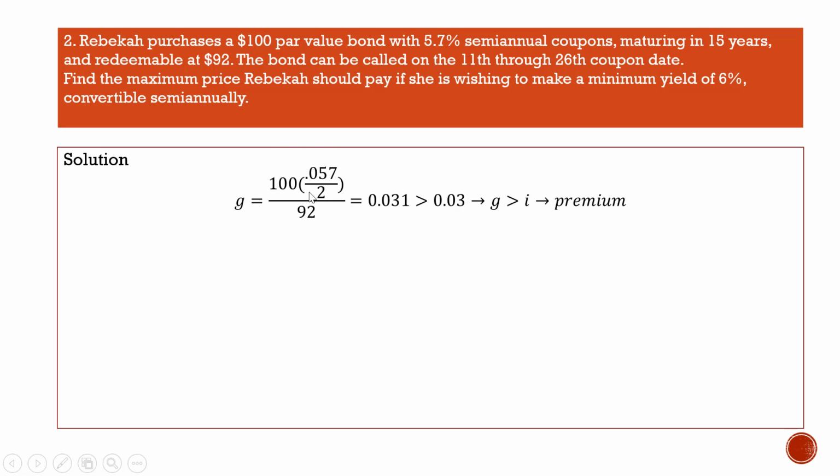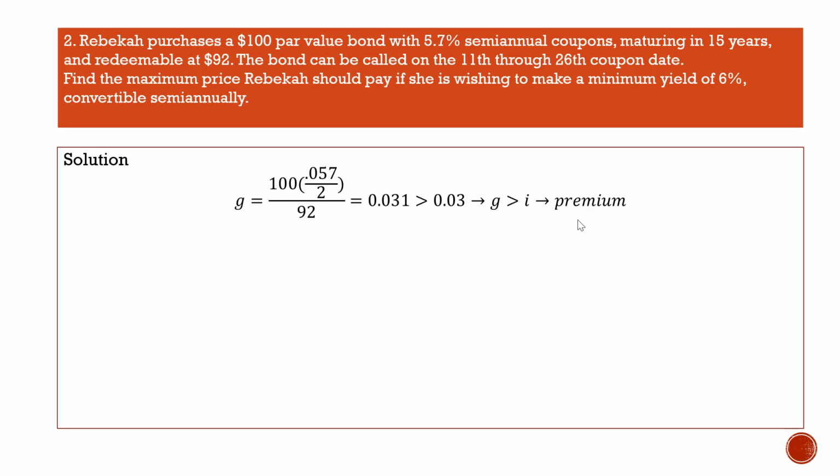So G is Fr over C. And r here is 5.7% divided by 2 because this is semi-annual coupons. So we got G is 0.0285, which is less than 0.03. This is i. Because 6% convertible semi-annually, so it's half year, we got 3%. So here G is greater than i, which means this is a premium bond.